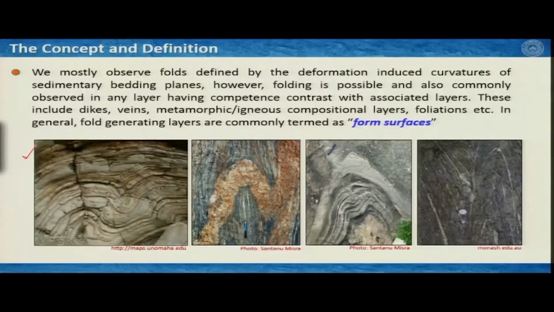The first one is this folded structure defined by sedimentary layers. Here you see this is a dike that got intruded at one point of time and then it got folded. This one is a metamorphic layer, compositional banding in a migmatitic rock, alternate dark and white bands, and this also got some sort of deformation, and that is why it generated the curvature.